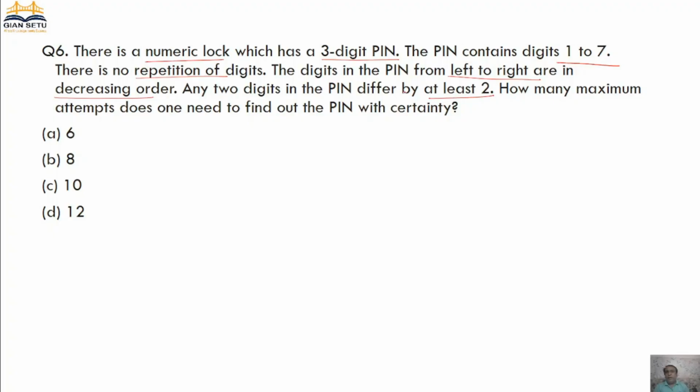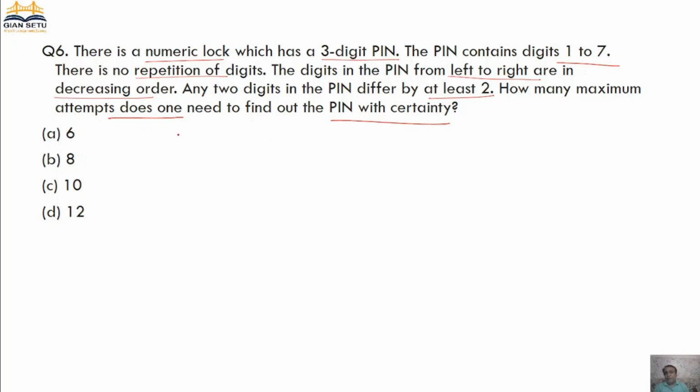Now, how many maximum attempts does one need to find out the pin with certainty? The maximum number of attempts will be equal to the number of combinations of 3 digits. Which is to say that here in this question we need to find all the numbers consisting of 3 digits, right, based on the given criteria.